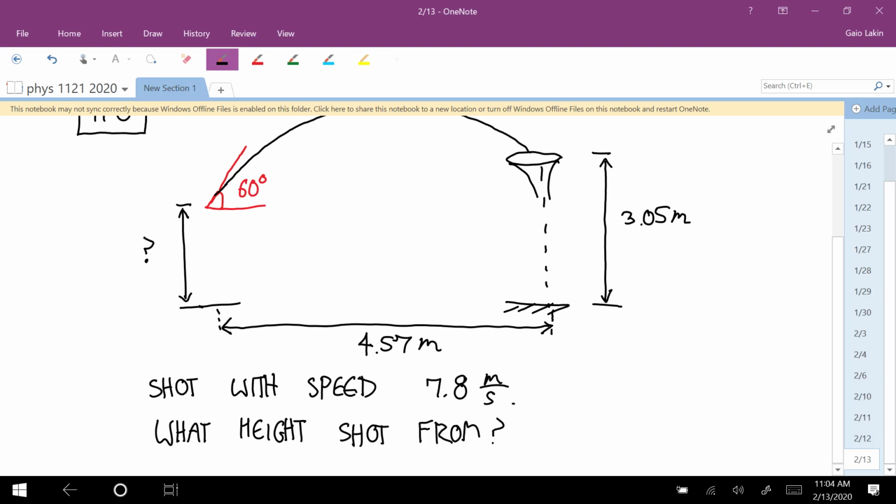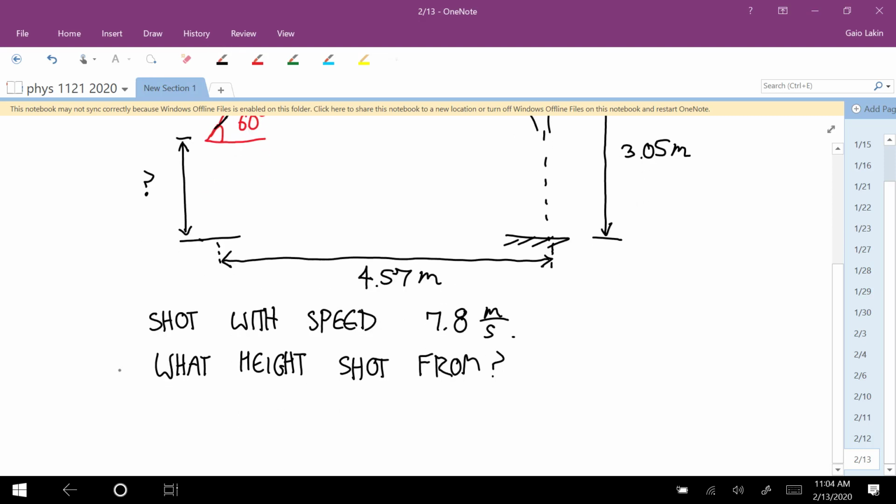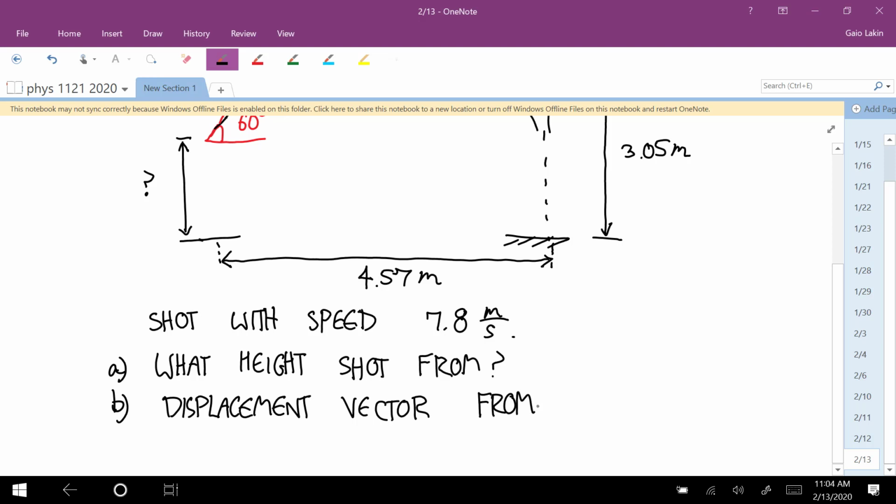That's part A. And then part B is we want the displacement vector from where it's shot to the highest point.